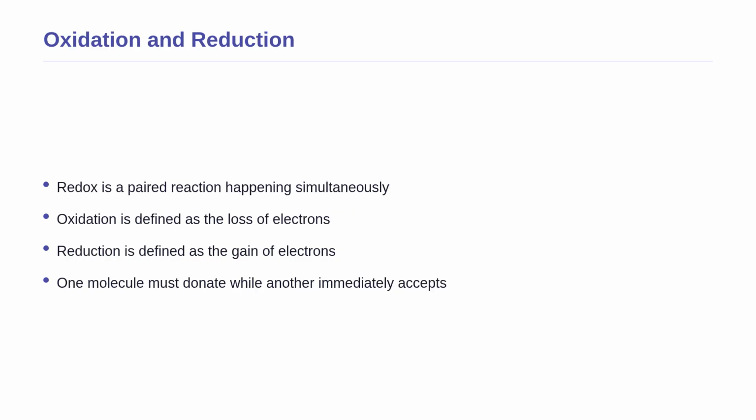Building on our relay race analogy, let us look at the formal scientific terms. In biochemistry, a redox system refers to a paired chemical reaction where oxidation and reduction occur simultaneously. The term redox is simply a combination of these two words. Oxidation is defined as the loss of electrons, while reduction is defined as the gain of electrons.